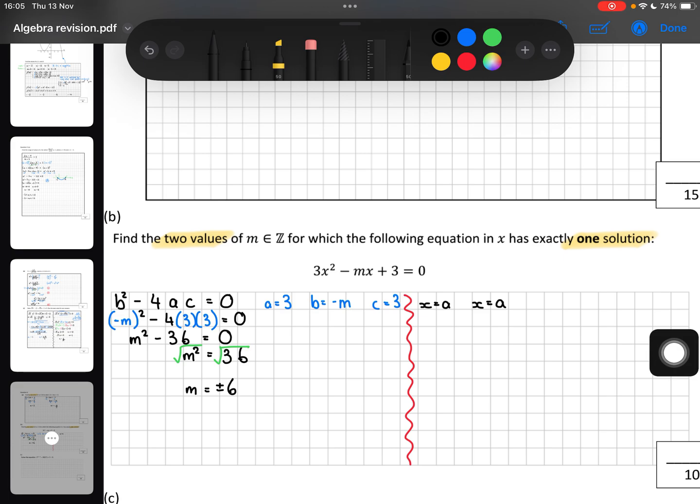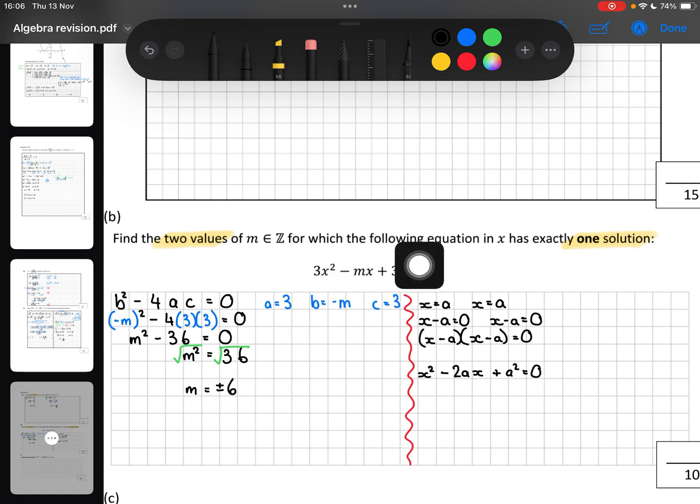So I have x minus a is a factor, and x minus a is a factor. The quadratic that I have formed is one where the leading coefficient is going to be 1. So my quadratic is x squared minus 2ax plus a squared is equal to 0.